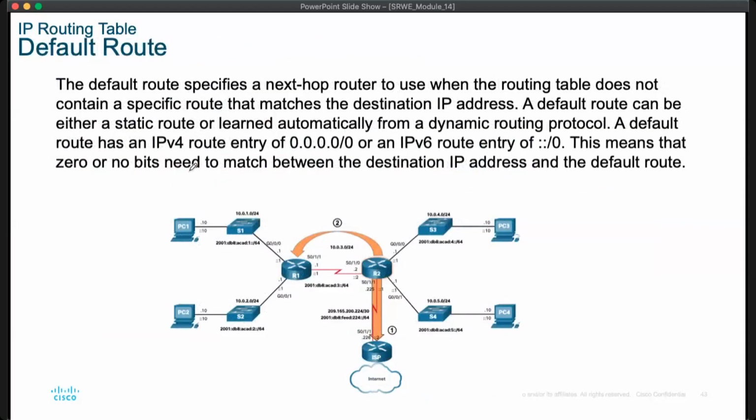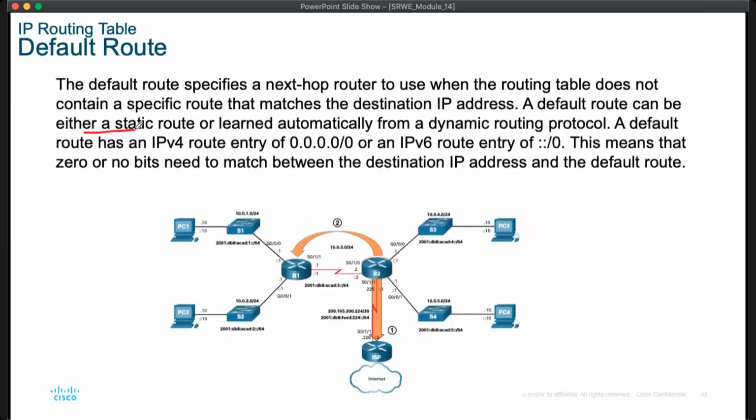The default route specifies a next hop router to use when the routing table does not contain a specific route that matches the destination IP address. A default route can be either a static route or learned automatically from a dynamic routing protocol.